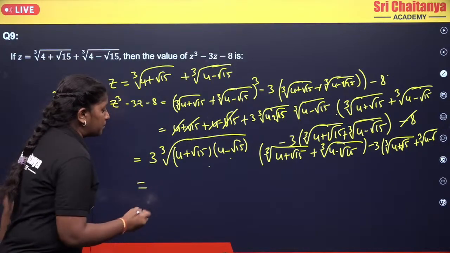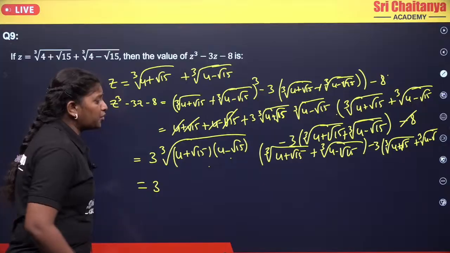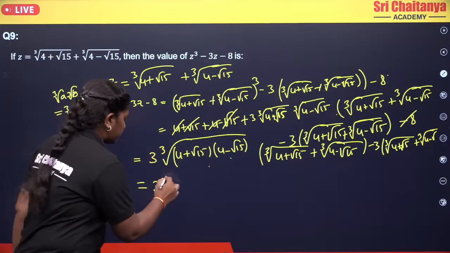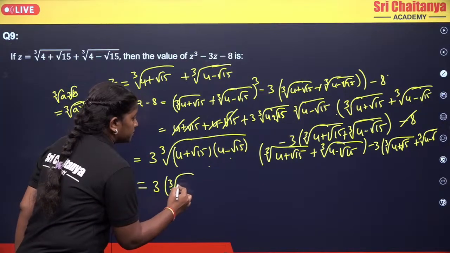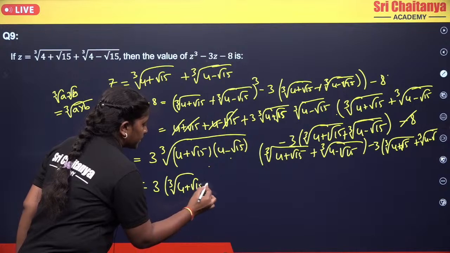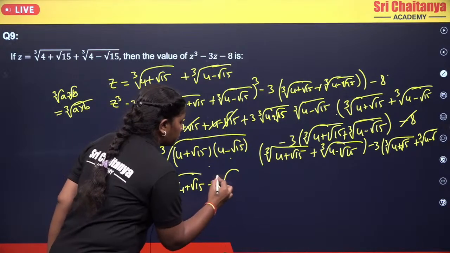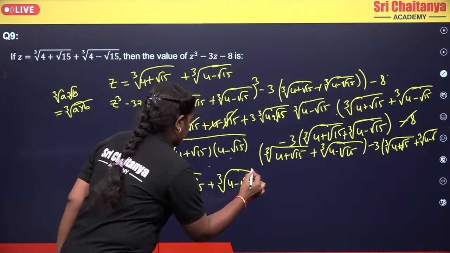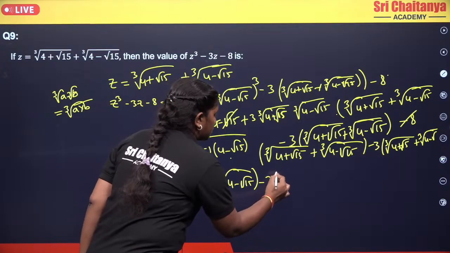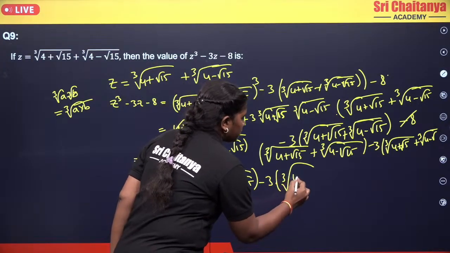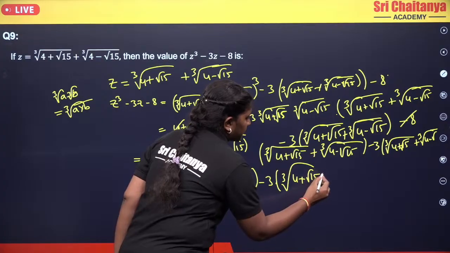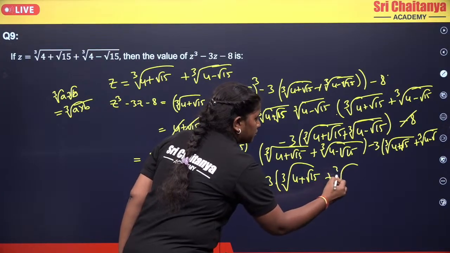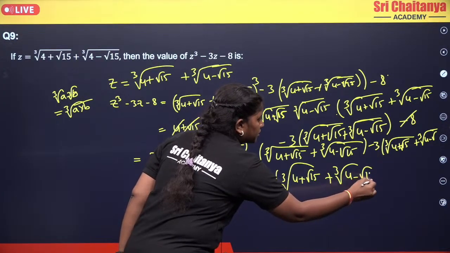So now here you will be getting 3 into whatever brackets you are having: cube root of (4 + root 15) plus cube root of (4 - root 15), minus 3 into cube root of (4 + root 15) plus cube root of (4 - root 15).